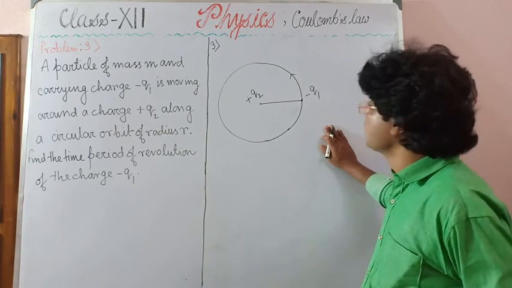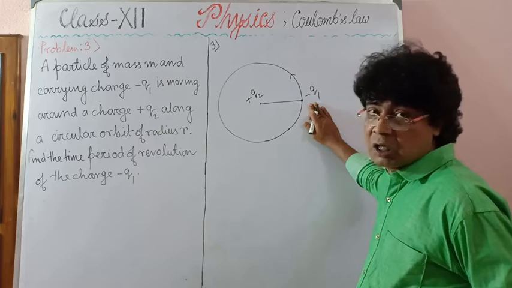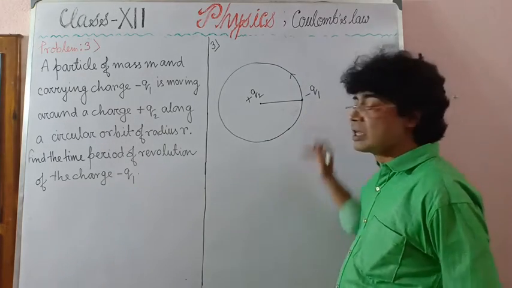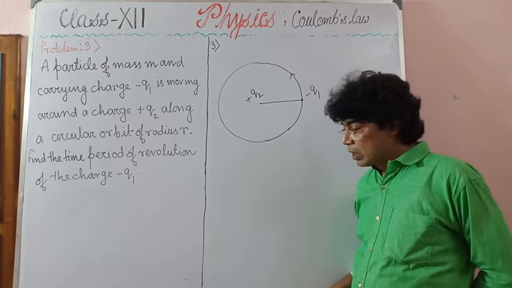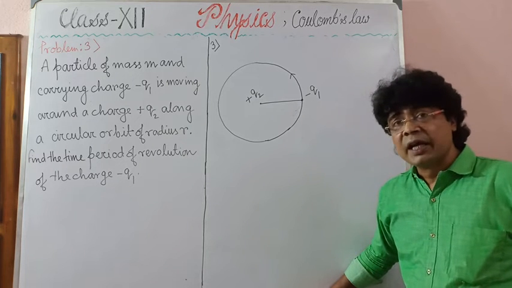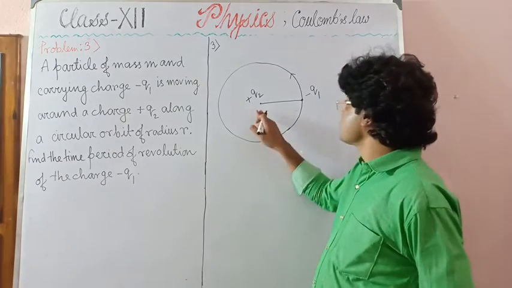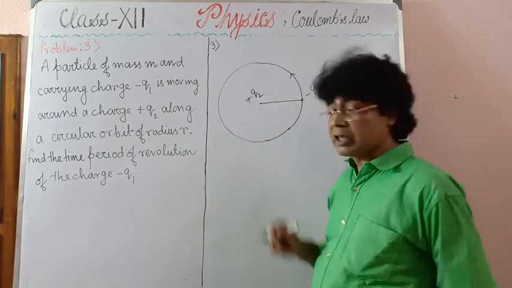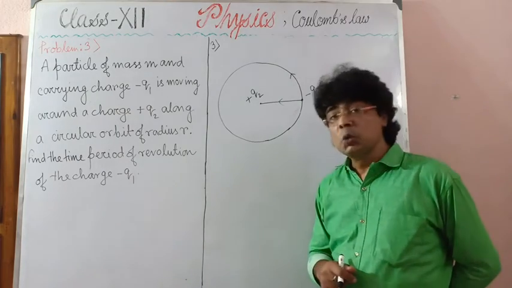Suppose speed of the charge minus q1 is v. Here, the necessary centripetal force is provided by electrostatic force of attraction between the two charges.